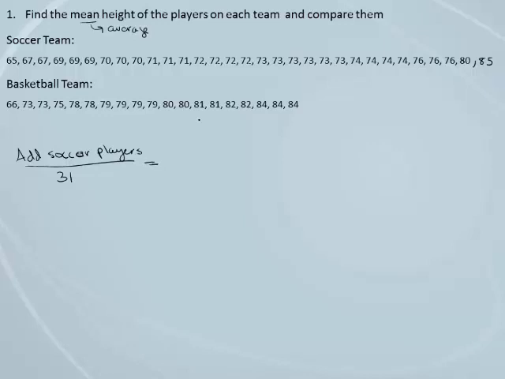So the sum of all the soccer players is 1927. And I want to divide that by 31. And that's going to give me the average height.